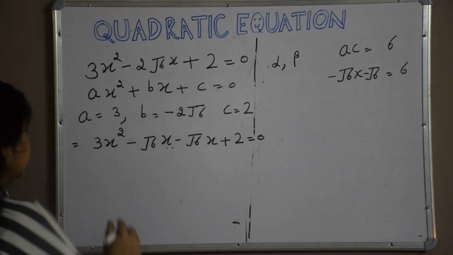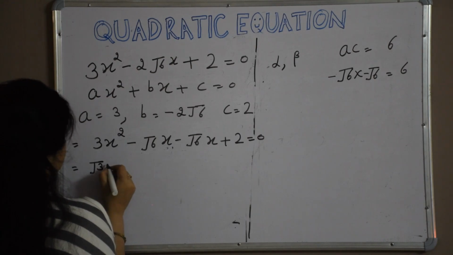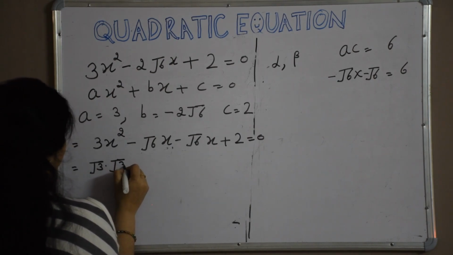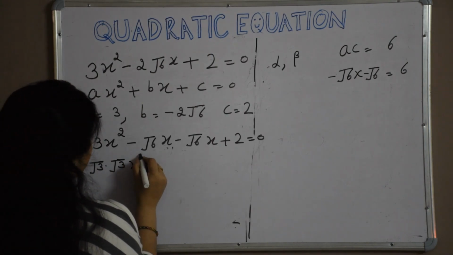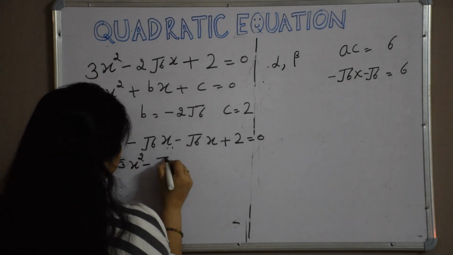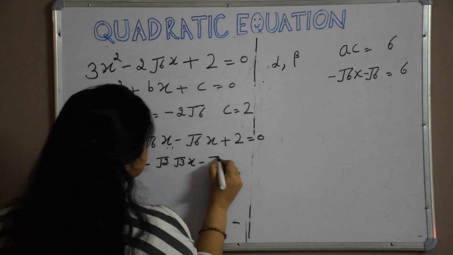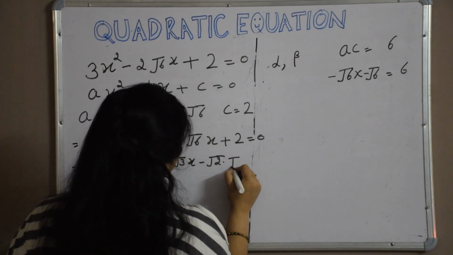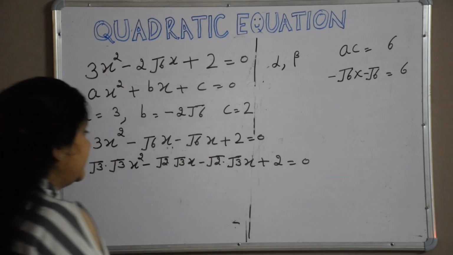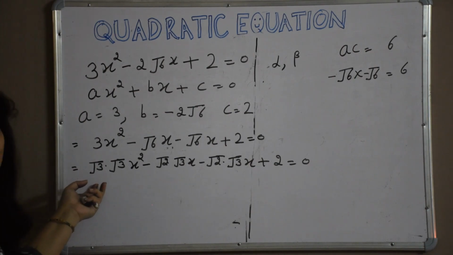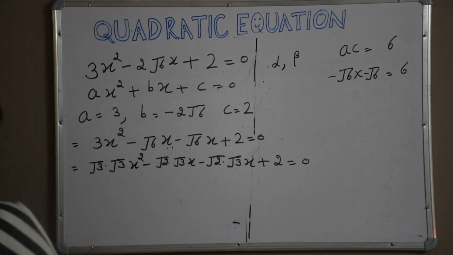If you feel it is a little difficult, you can split the given numbers in irrational form also. 3 you can write as root 3 into root 3 x square, minus root 6 you can write as root 2 into root 3 x, minus again root 2 into root 3 x plus 2 is equal to 0. I am showing this step, otherwise you have no need to show it. I am showing it so that you can understand the concept nicely.